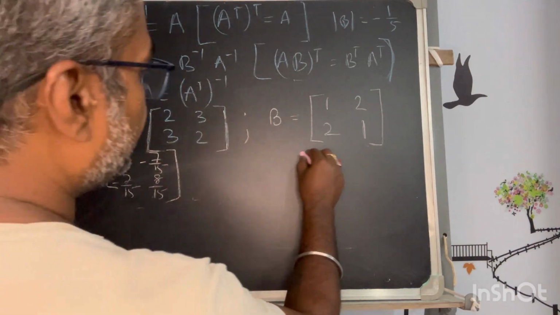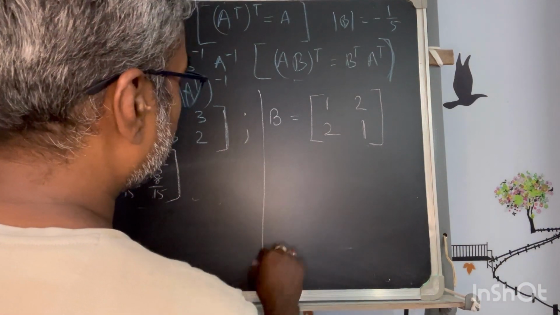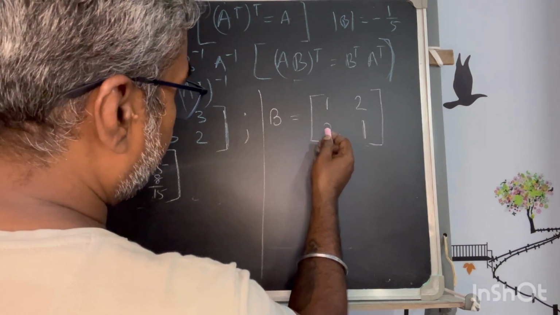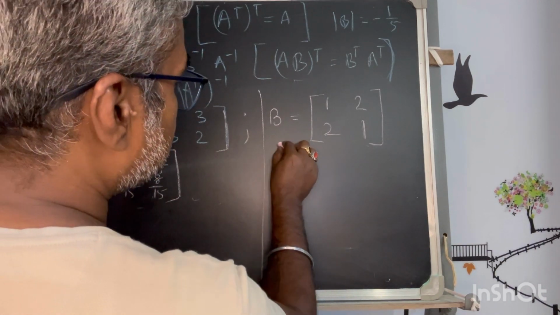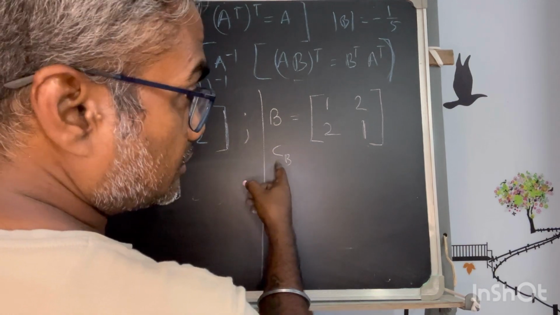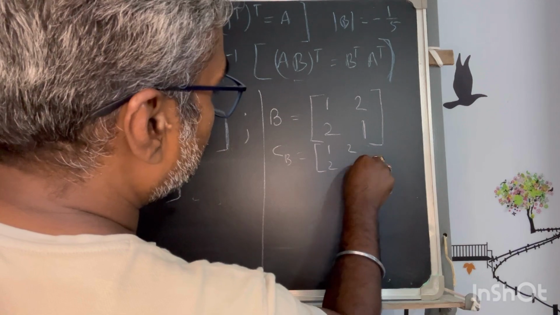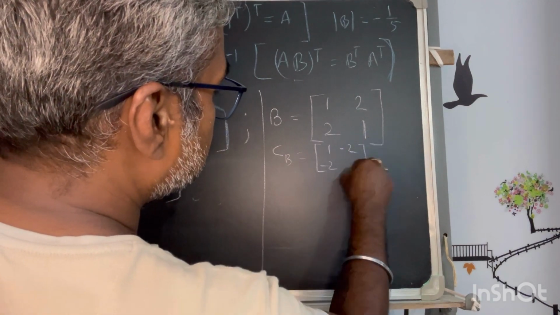If I want to calculate this side, B inverse means adjoint of B. So cofactor of B will be 1 2 2 1, with signs plus minus minus plus.